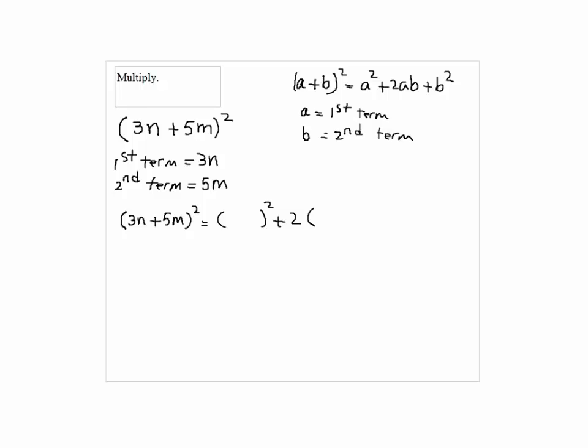So we have 3n plus 5m squared is equal to the first term squared plus 2 times first term times the second term plus the second term squared. First term is 3n and the second term is 5m.